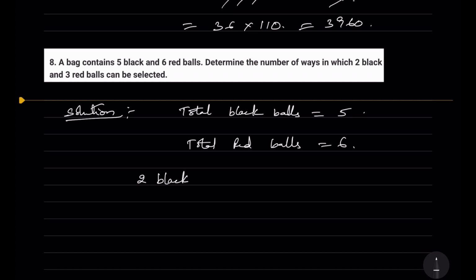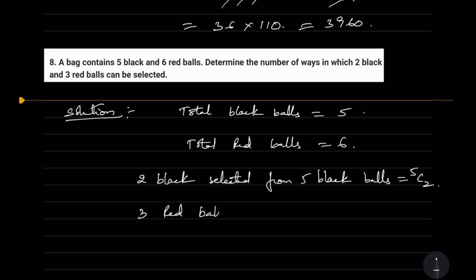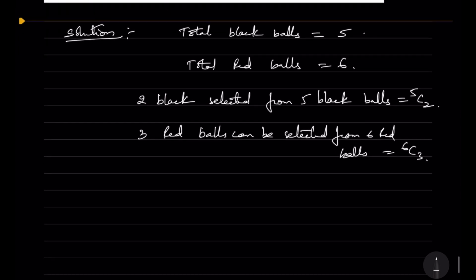So 2 black selected from 5 black balls. In how many ways can be selected? 5C2 ways. Then we have 3 red balls can be selected from 6 red balls, which is equal to 6C3 ways.